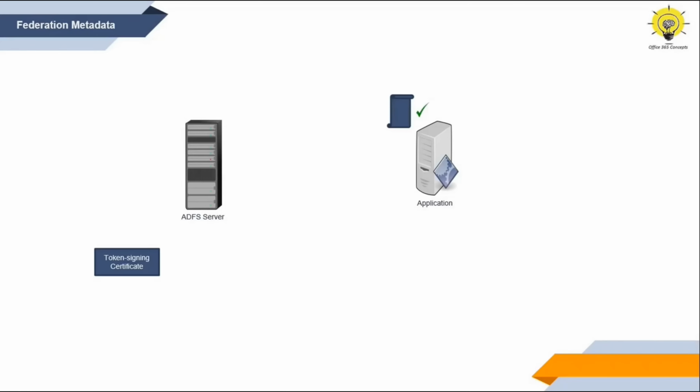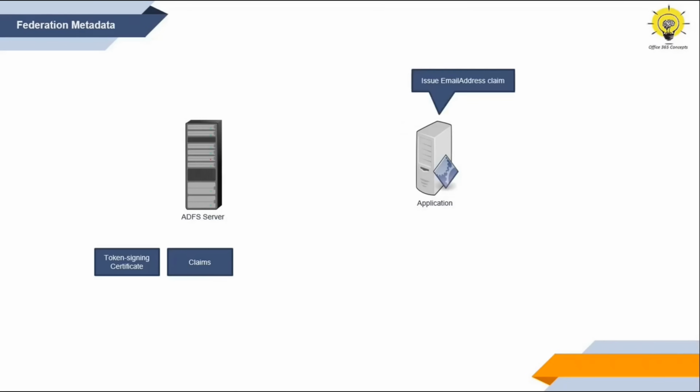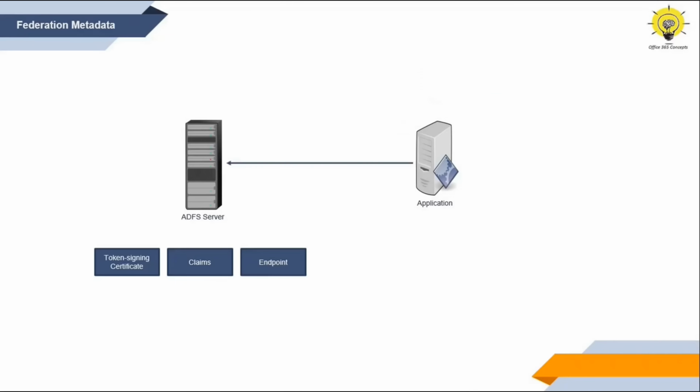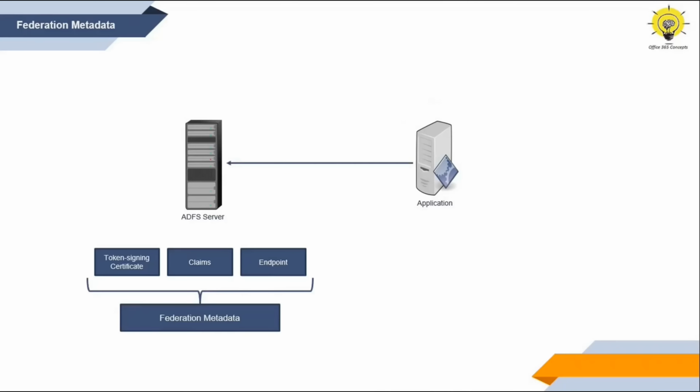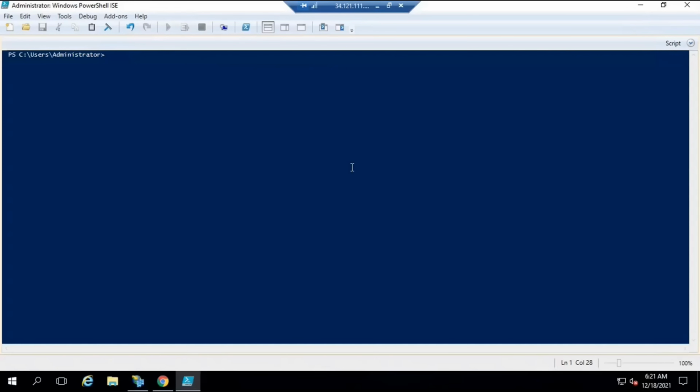Then the application needs the claim description so that it can ask ADFS server to include a particular claim within the security token that will be issued to this application. And finally, it would need a list of endpoints of the ADFS server where this application will connect. And all this information is available within the federation metadata of your ADFS server.